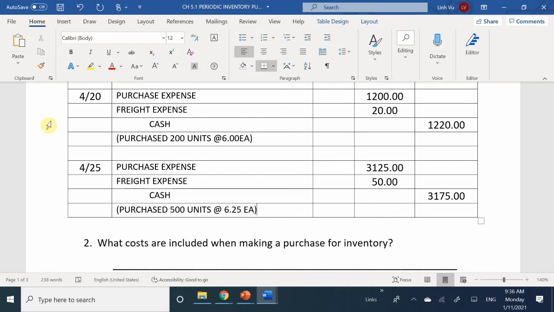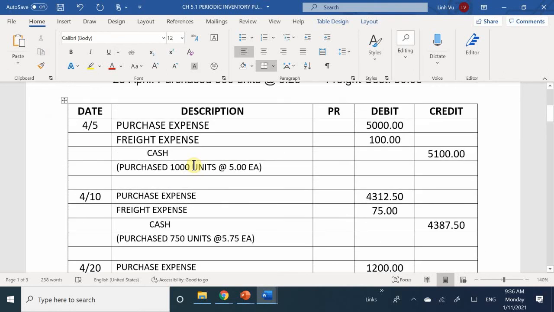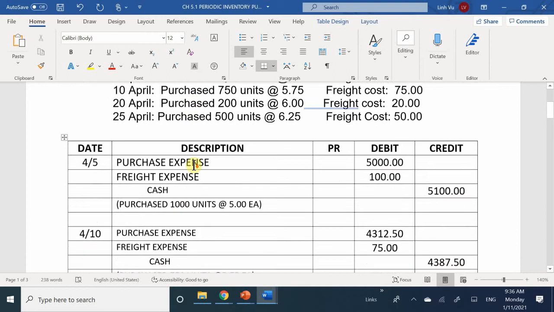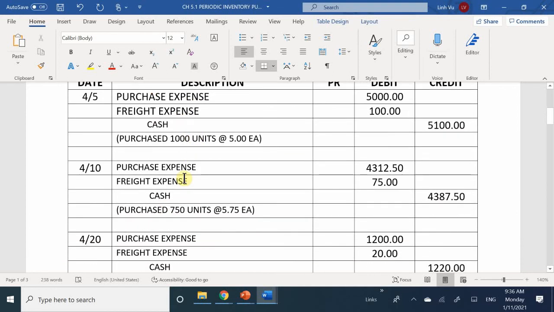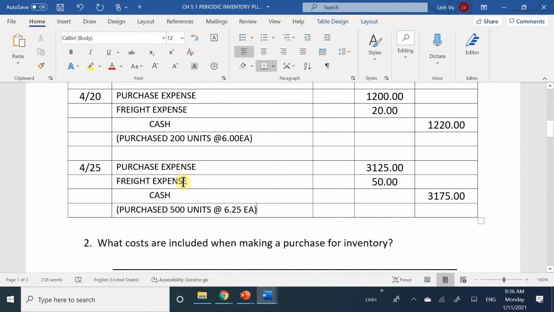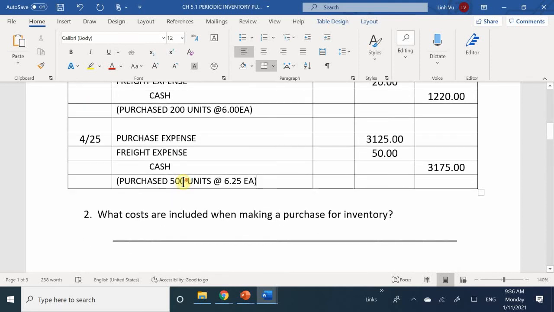Okay, good. So that's just practicing how to journalize. Always remember purchase expense comes first, and then however you paid it is going to be your credit. Just remember. And also another thing, any costs that are going to be associated with your purchase expense is going to be considered a separate account itself.